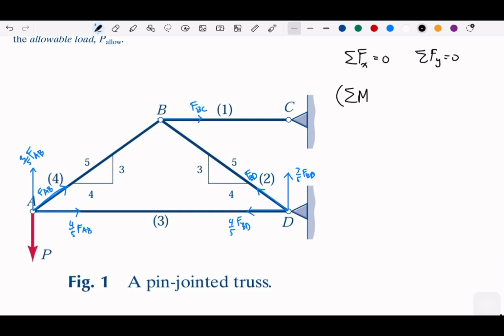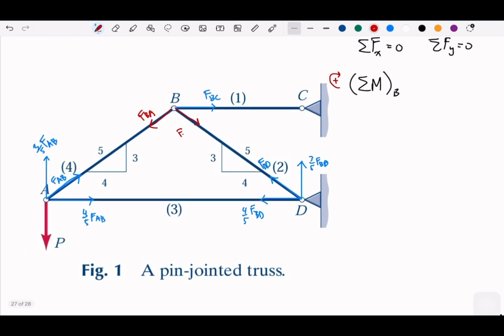Let's say we take it at B, and this will be positive. So this will be another FBA, FBD, FDB.